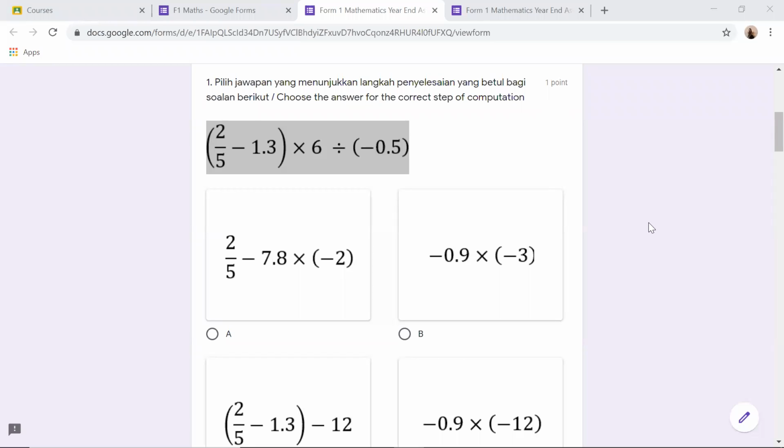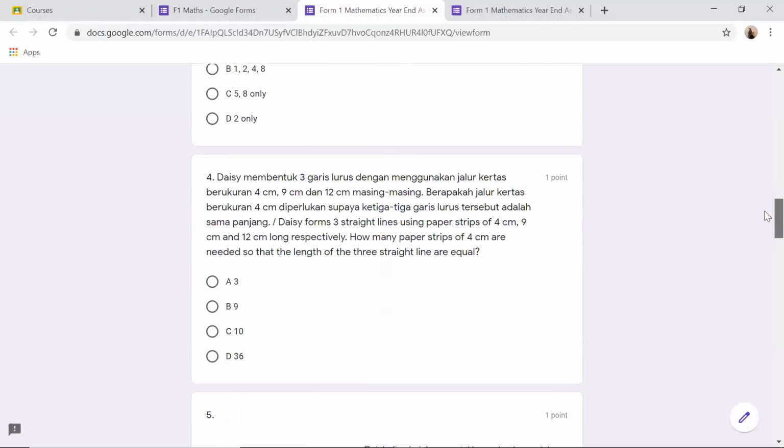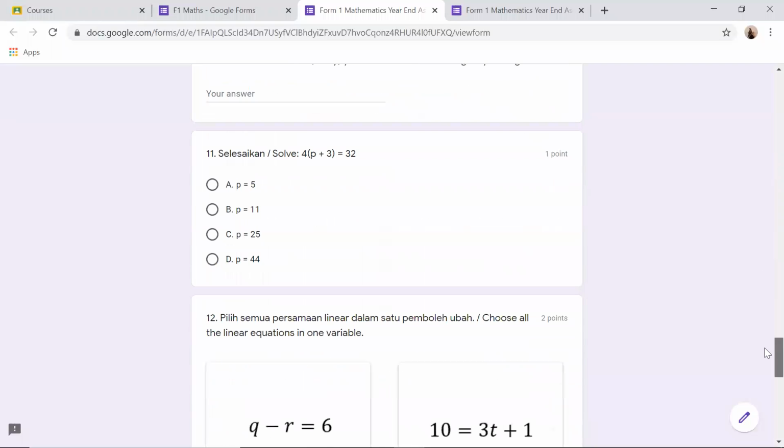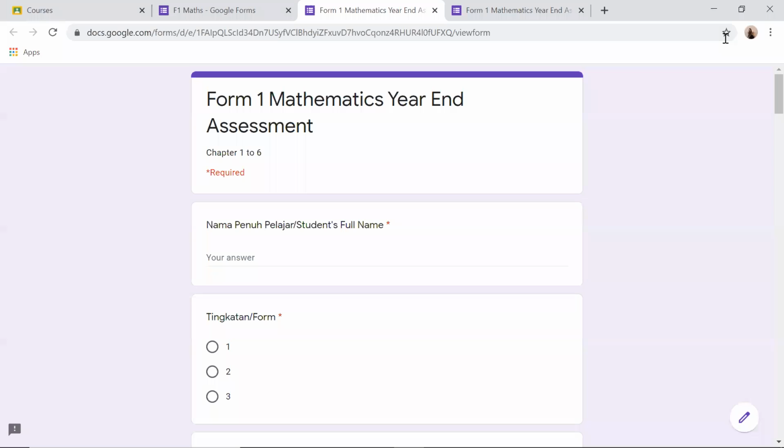Xueqing, maybe you take the photo of your answer and then send to me via WhatsApp. If cannot submit it through the Google, yeah, you send via WhatsApp.